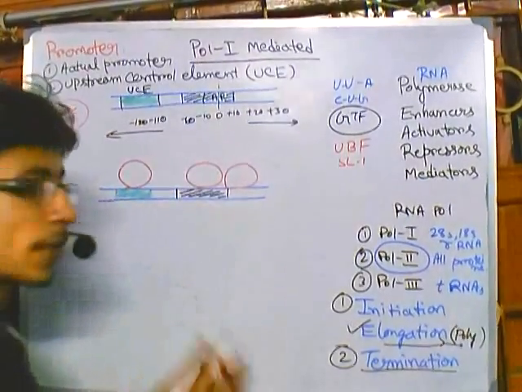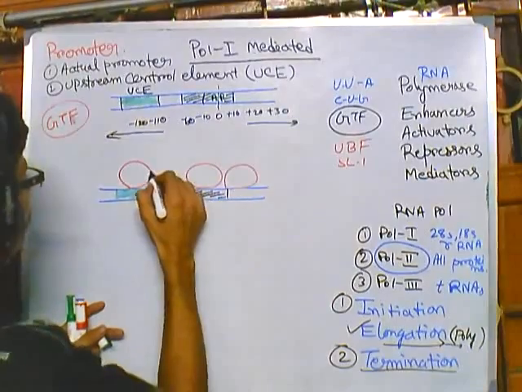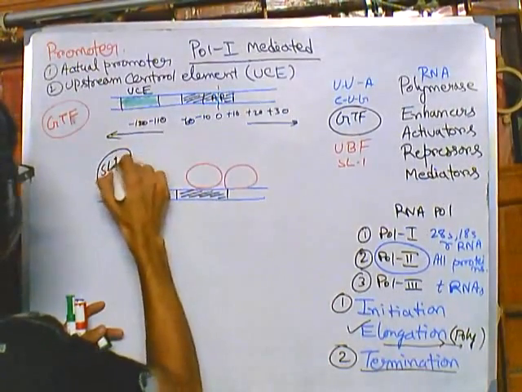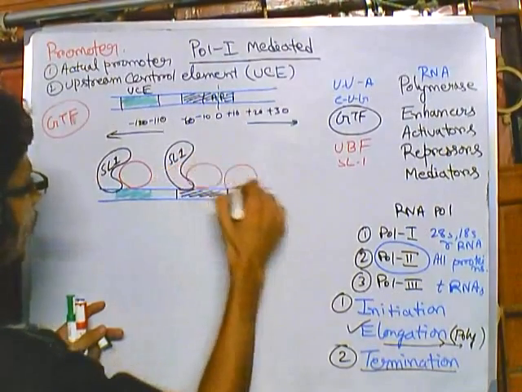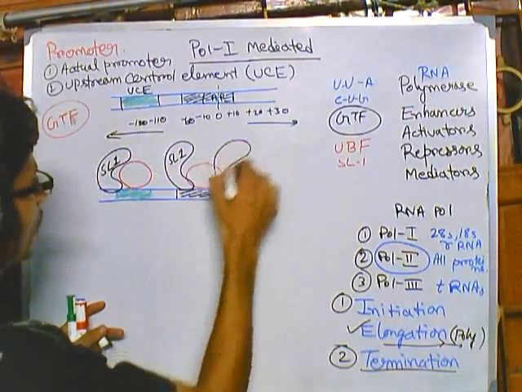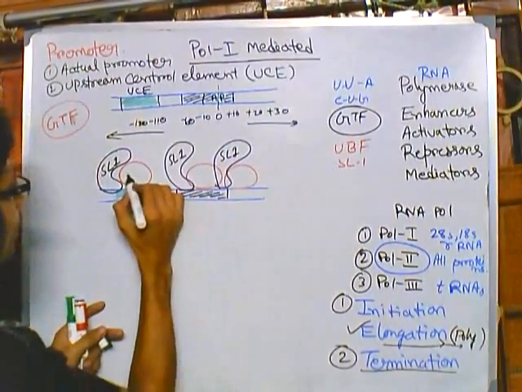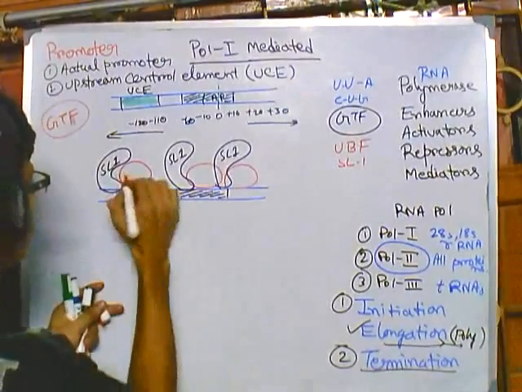Along with them, SL1, say I draw SL1 like that, here. Now this is UBF.